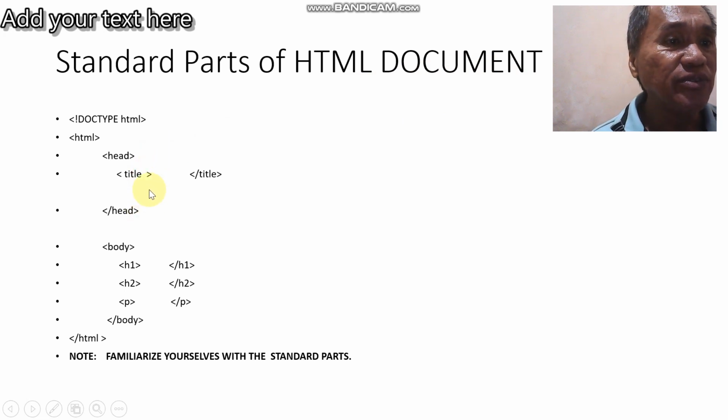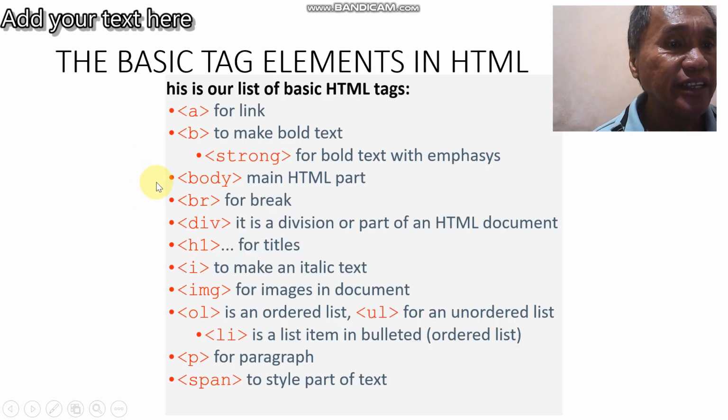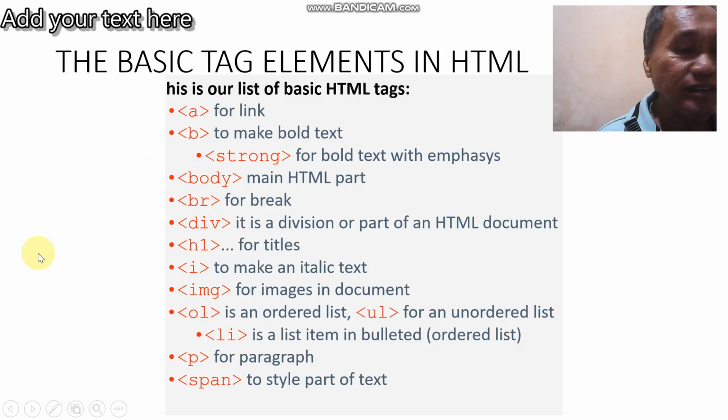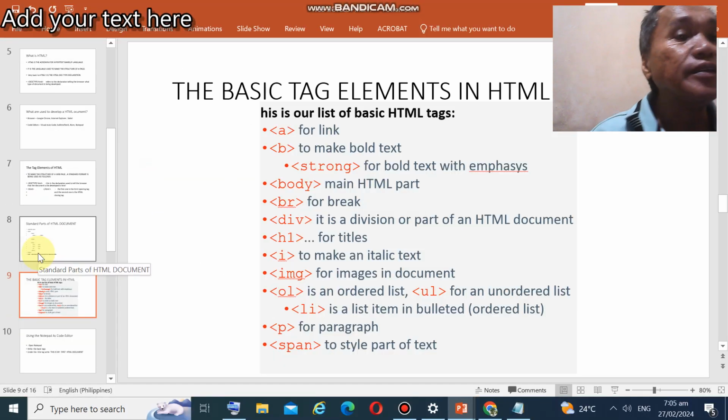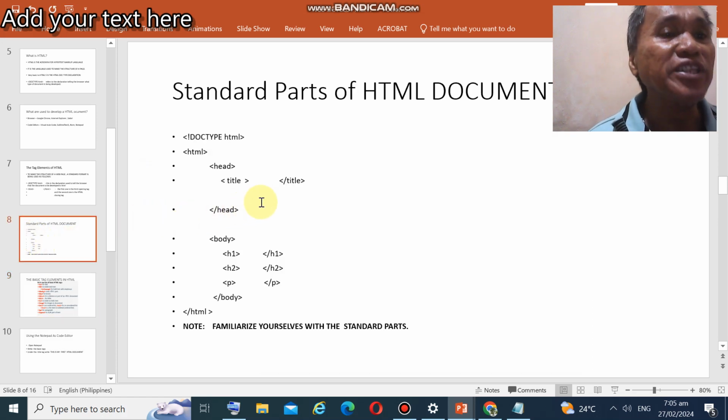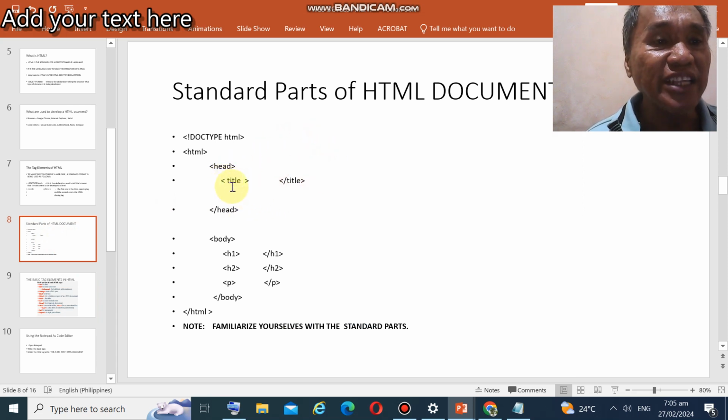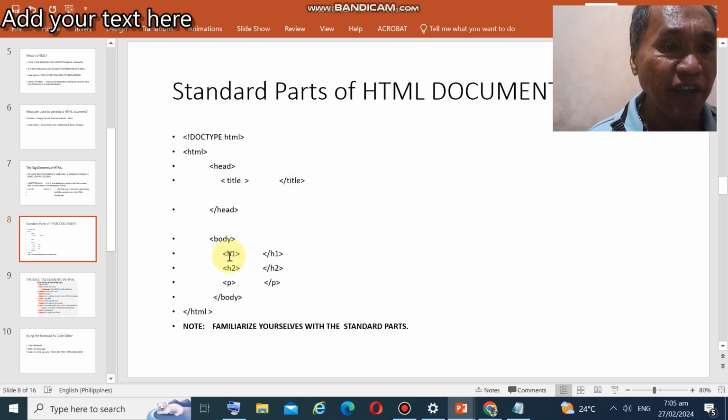So what is found in the head tag? In the head tag you have the title tag: the opening title tag, and then the closing title tag. And then what is found in the body tag?